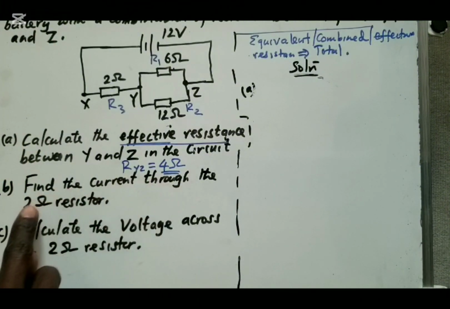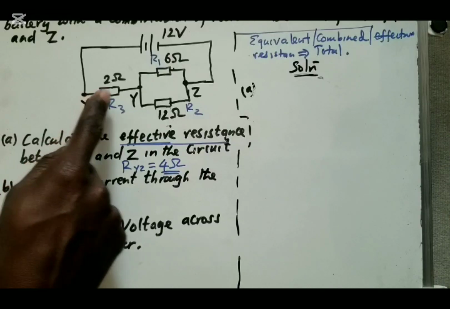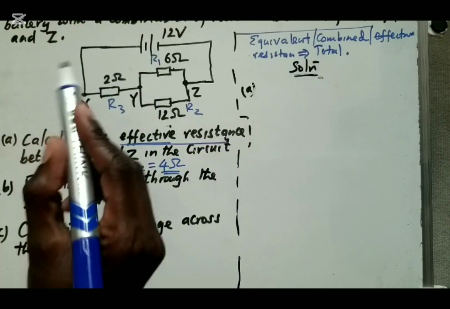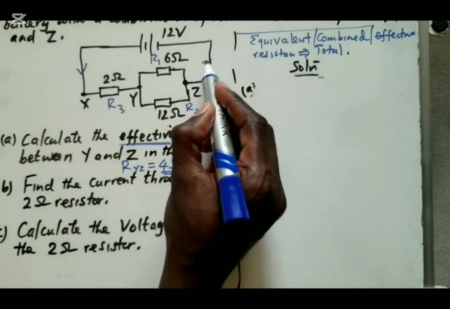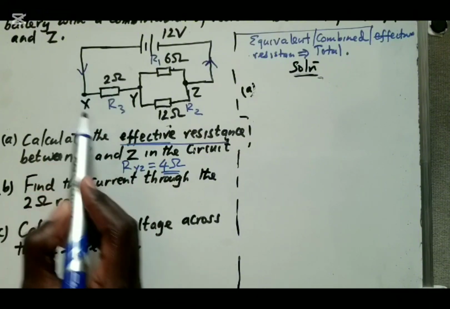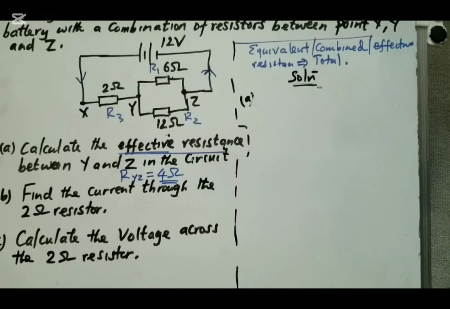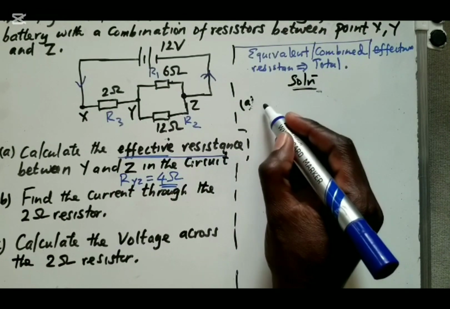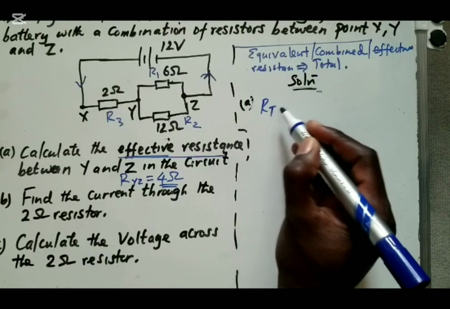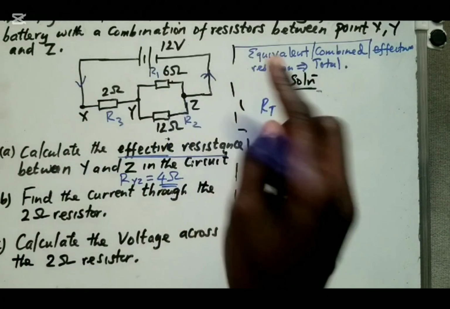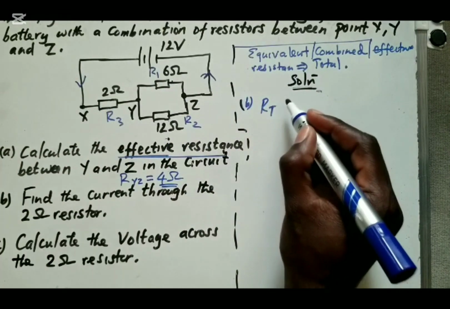Now the current through the 2 ohms resistor, because this resistor is in series, simply means the total current passing through the whole circuit will be equal to the current passing through the 2 ohms resistor. So we need to find the total resistance in the whole circuit. What is the total resistance in the whole circuit?